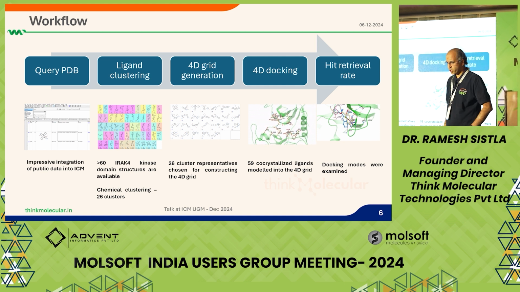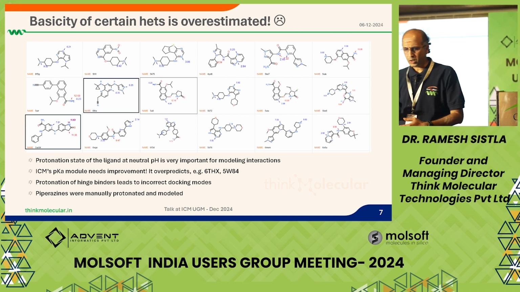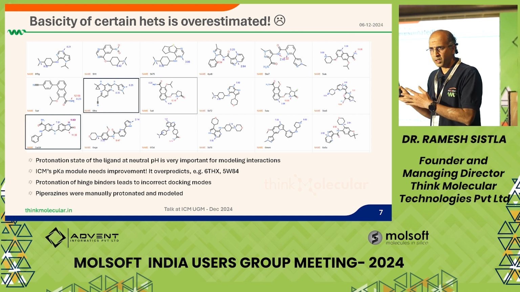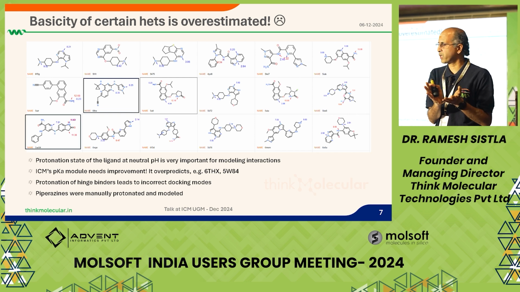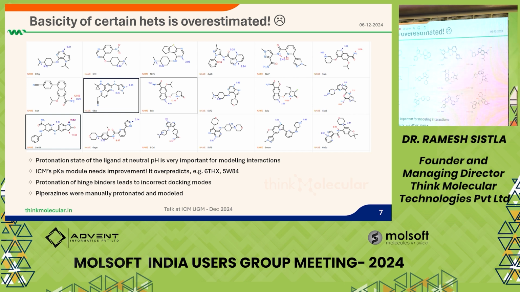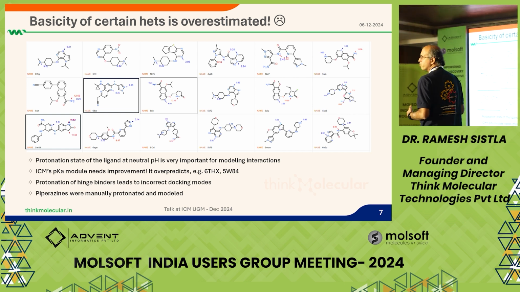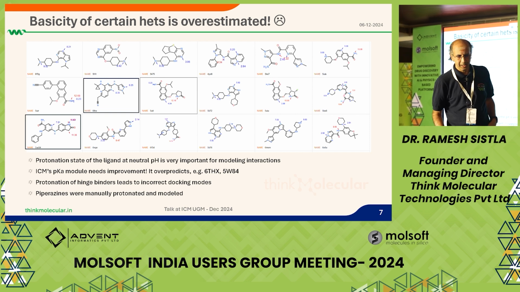I am sure you are thinking ahead of me. Into this 26-complex 4D docking grid, I modeled all the 59 compounds. The idea is to retrieve all the 59 binding modes from this 4D docking exercise. That's the only idea.